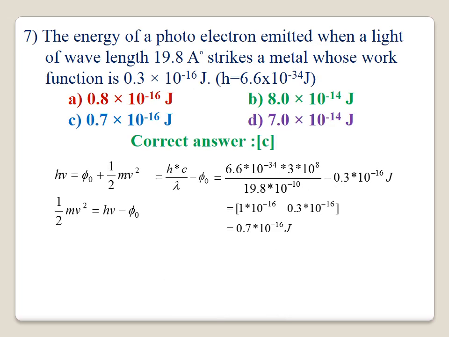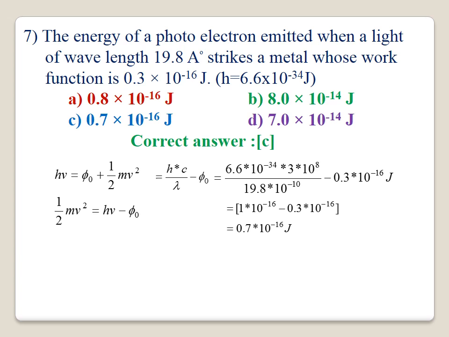7. The energy of a photoelectron emitted when light of wavelength 19.8 strikes a metal whose work function is 0.33 into 10 to the power minus 16 joules. The value of h is also given, 6.6 into 10 to the power minus 34. Here you have to calculate the kinetic energy of the electron.